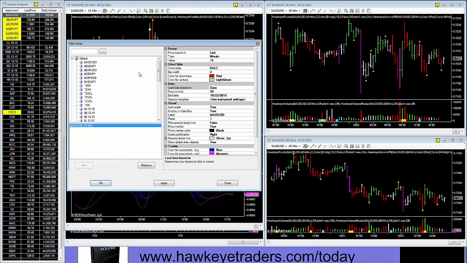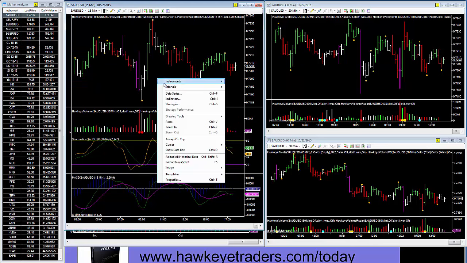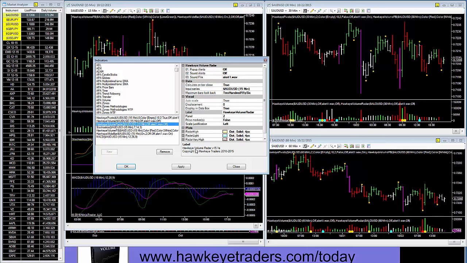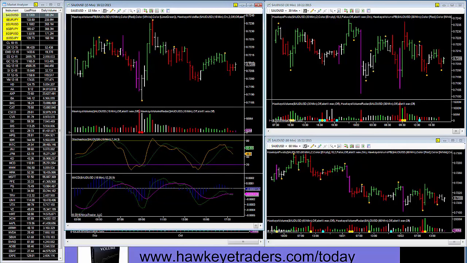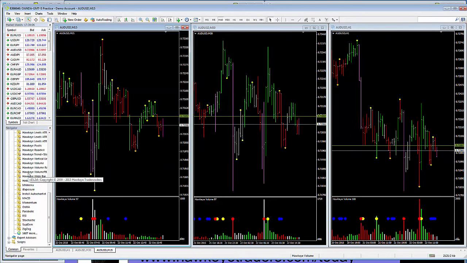So if you click on the indicator, then right here you can see that on the... oh no, that's the instrument. I need to click on the indicators. Okay, so on any indicator, you can see right here on the label the current version and year of release. MetaTrader 4, absolutely. MetaTrader 4, all you do is hover over the Hawkeye tool that you're interested in, and you can see the current version and release of that software on that platform.